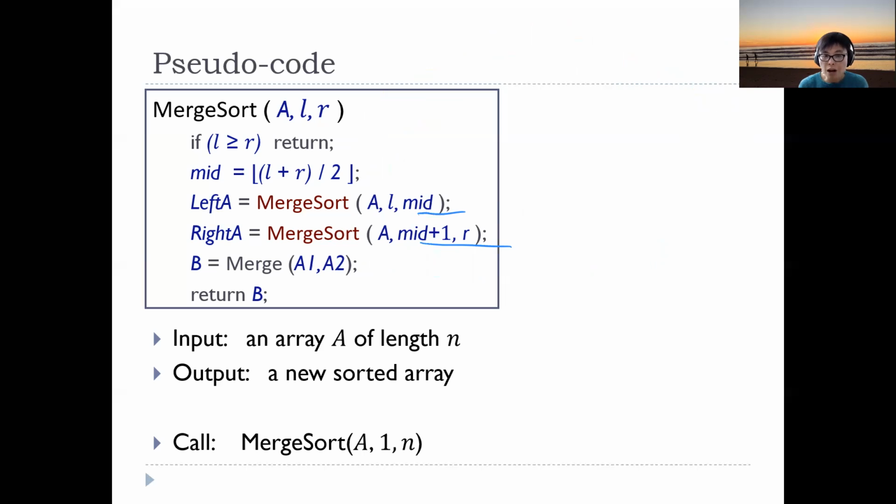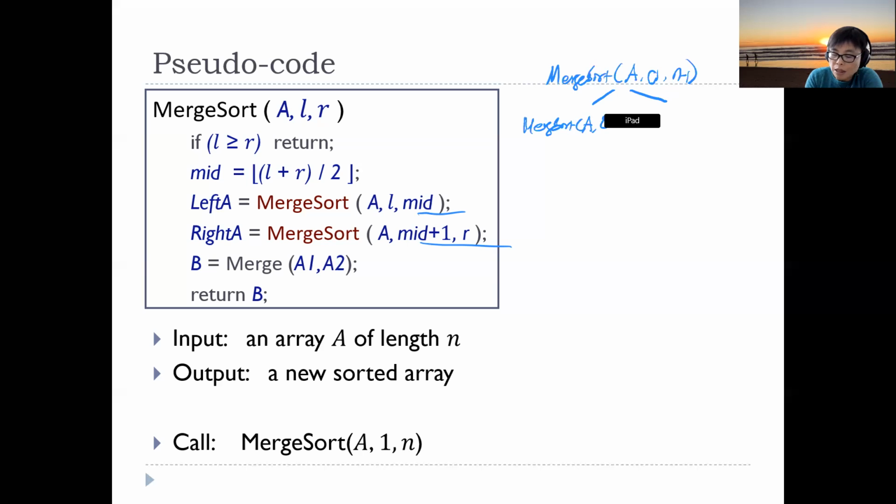So in general, how does it work? Suppose I'm given the array A that I want to sort. The first step is that I'm going to call MergeSort A, 1 to n. Now inside this algorithm, what happens? Inside this algorithm, I'm going to split in the middle and then recursively call MergeSort A. It should actually be 0 to n minus 1.